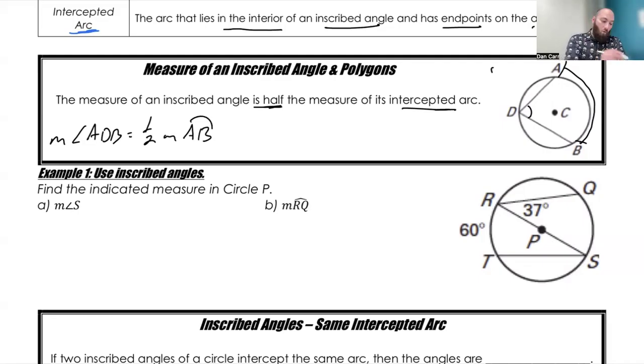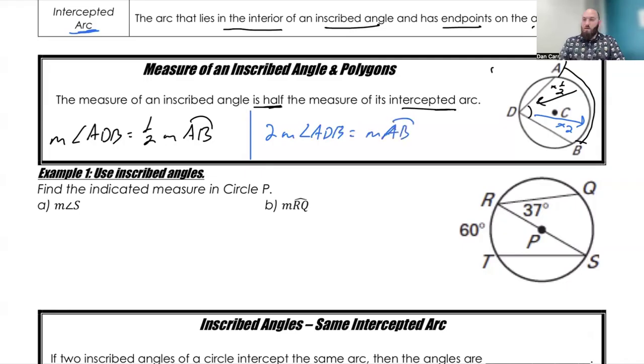Or if we want to go the other way with it, if I go from here to here, I multiply by half. But if I go the other direction, I take the angle and I can double it. So I can say that 2 times the measure of angle ADB is equal to the measure of arc AB. That's just a matter of making sure you understand which direction to go with that.